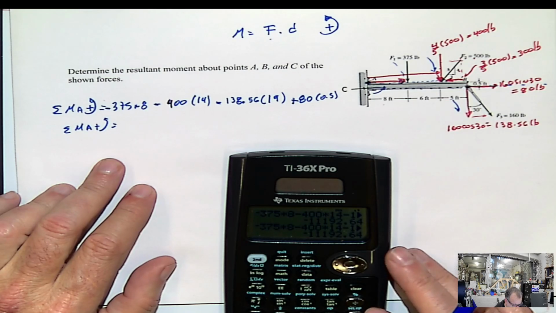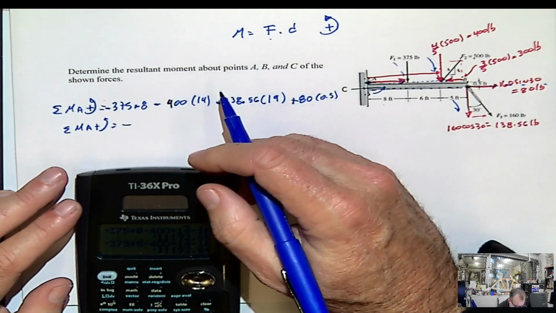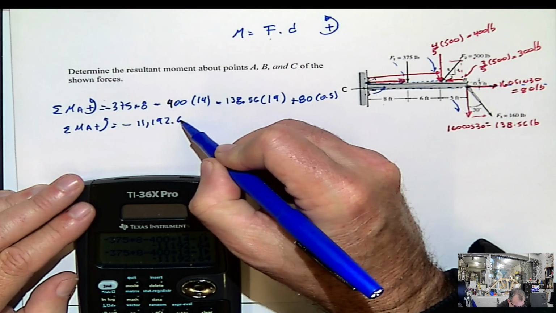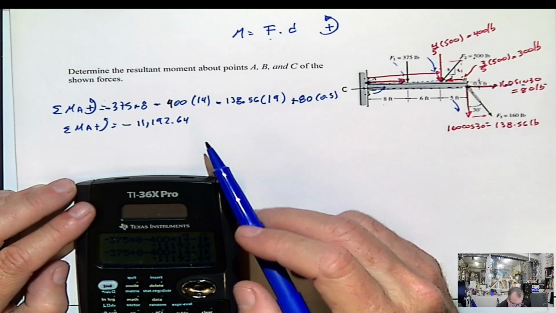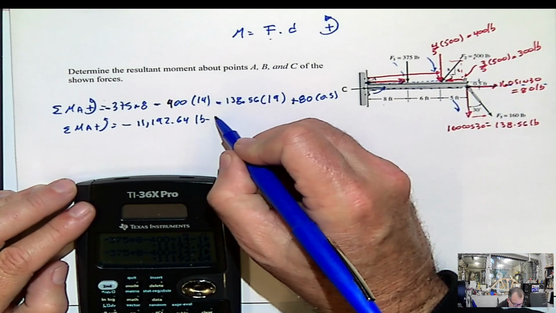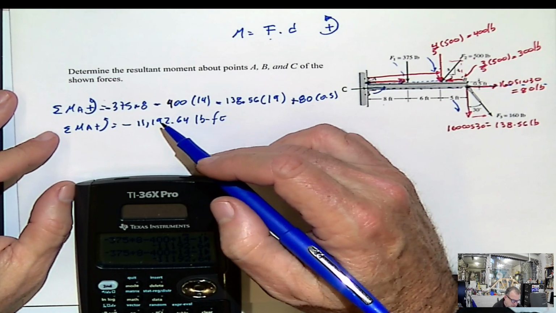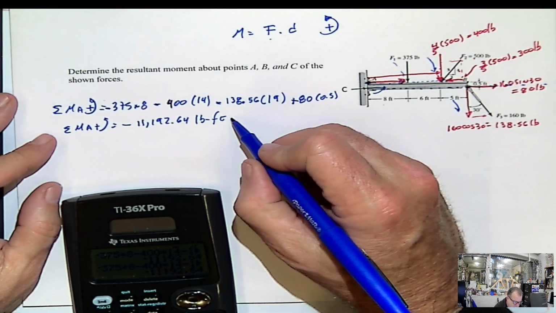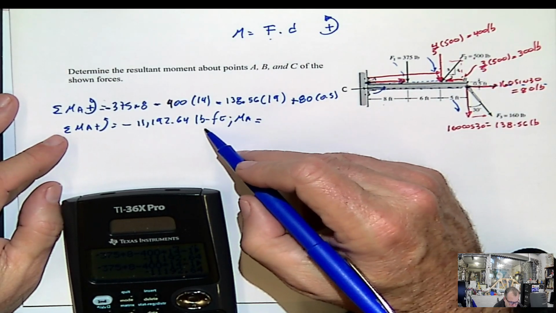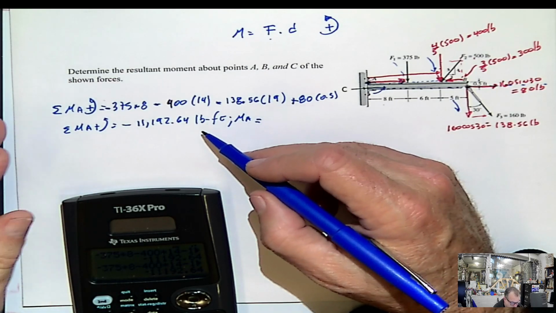So the resultant moment is negative 11192.64. Remember, the units are units of force times units of distance, in this case pounds-feet. Now, what does this negative sign mean? It means the moment at A of all the forces combined can be kept in pounds-feet, or converted into kip if you want to.